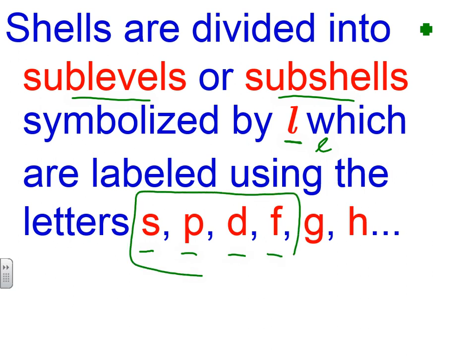From here on out, you go into the g, h, i, j, and just keep going down the alphabet. But we will not get to these. These are going to be really far out, and no electrons will exist in them essentially, even though you'll see that these sublevels are possible.